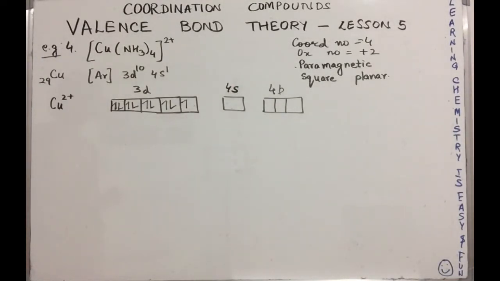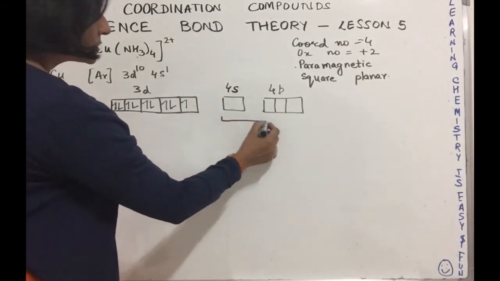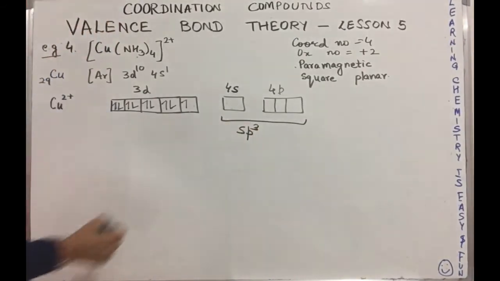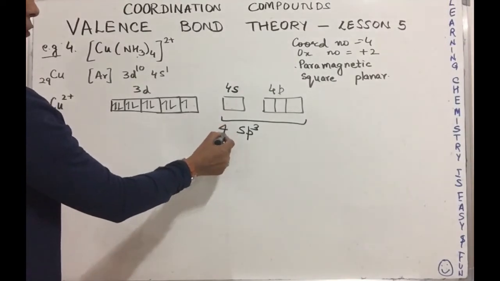Perfect, it is paramagnetic. Let's do geometry now. Because there are 4 ligands, I need 4 orbitals in order to participate in hybridization. So let us do 1, 2, 3 and 4. sp3 hybrid orbitals. How many of them? 4.